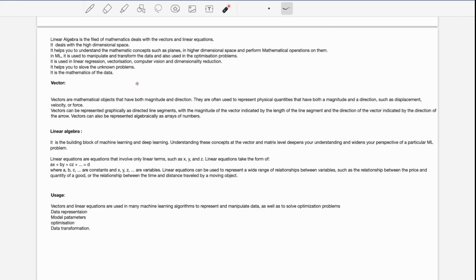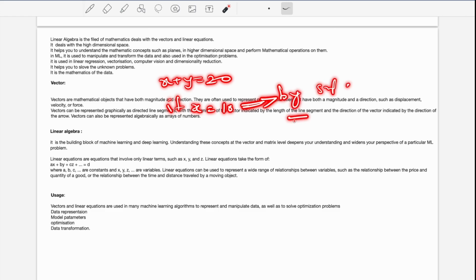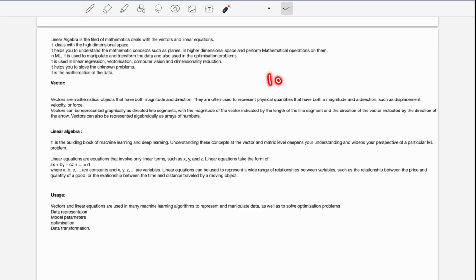You may ask, what do you mean by unknown problems? Say x plus y is equal to 20, and x is equal to 10. By substituting 10 in the formula, we get 10 plus y is equal to 20.